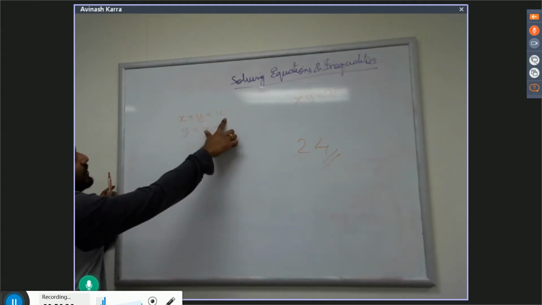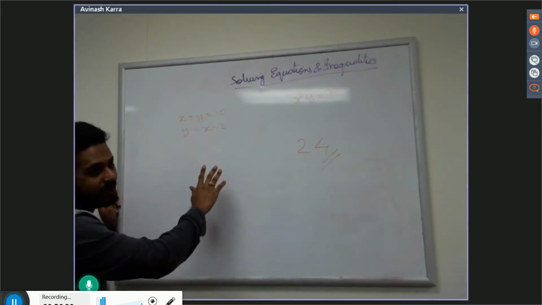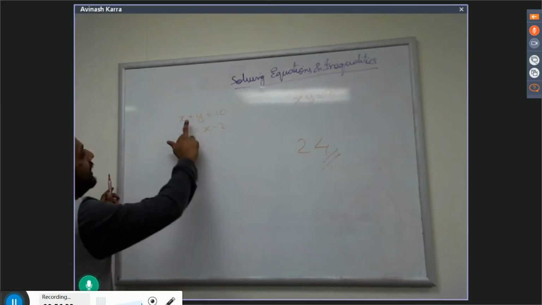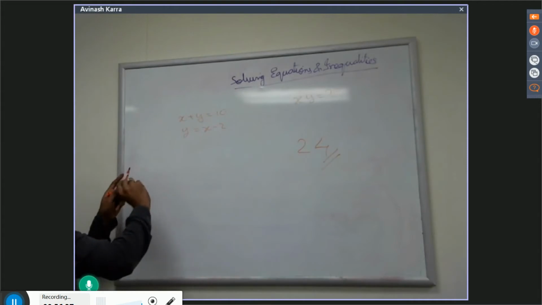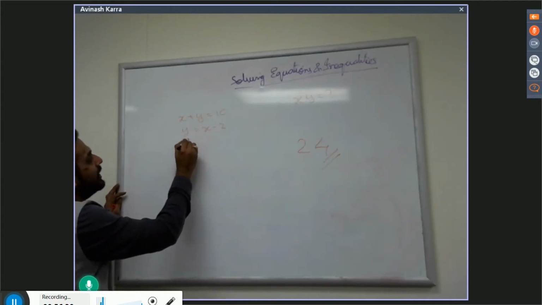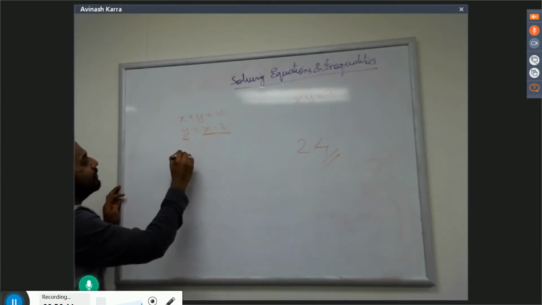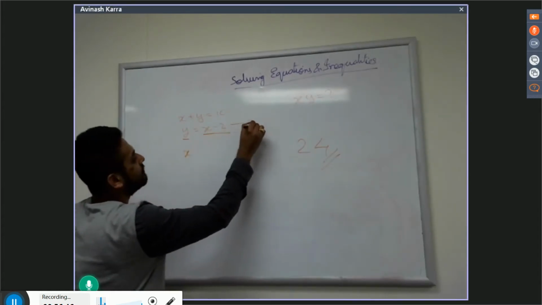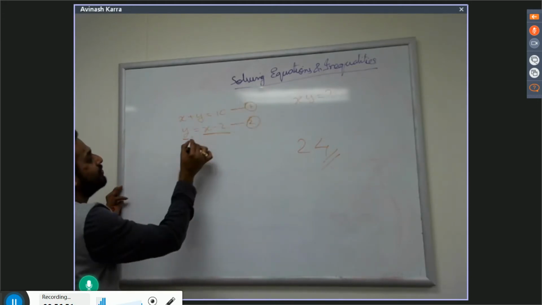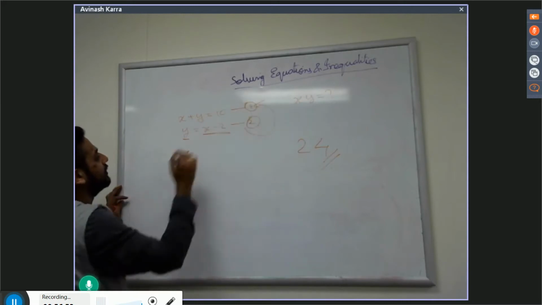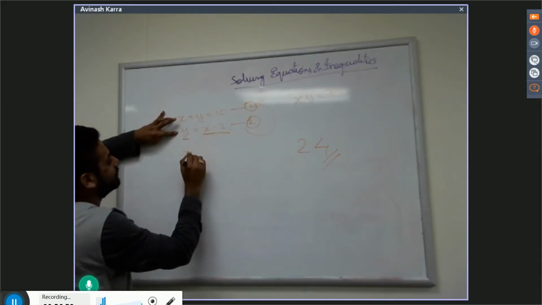See, the best thing: here x plus y is equal to 10, right? And y is equal to x minus 2, right? So instead of y, I can substitute x minus 2. Let it be equation 2 and let it be equation 1. Substitute equation 2 in 1. Instead of y, I am substituting x minus 2.